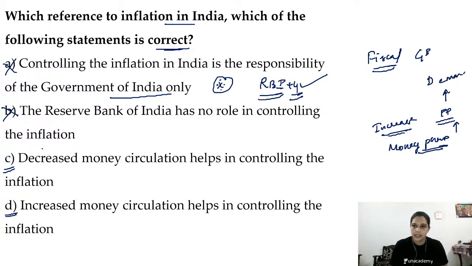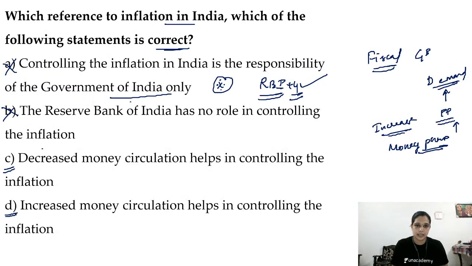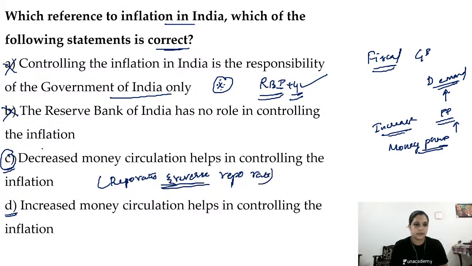When demand increases, we have demand pull inflation. So the answer is decreased money. This decreased money was controlled by repo rates and reverse repo rates, that is what we saw now. If you know the basics of inflation, you can answer this. What is the basic of inflation and monetary policy? You answer this question.